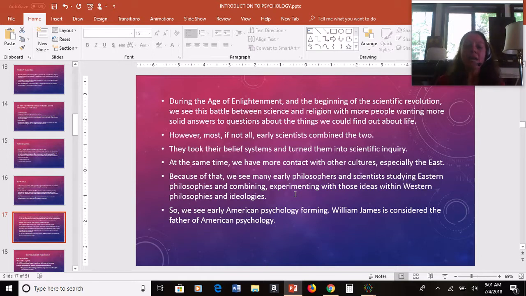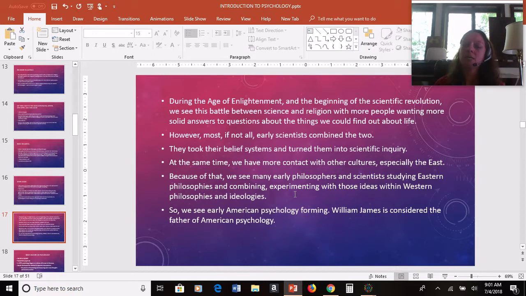And interestingly, like I said, the beginning of psychology was really an amalgamation of all these different cultural beliefs and philosophies, shaping them into something new, which would be the field of psychology. We hear a lot about the Age of Enlightenment, the beginning of the scientific revolution, and this debate between science and religion, or science and belief systems in general.